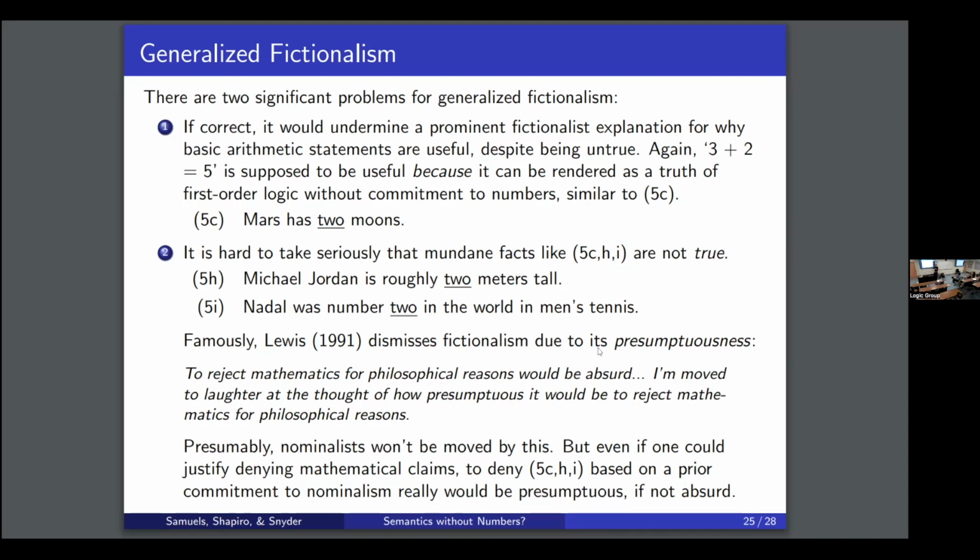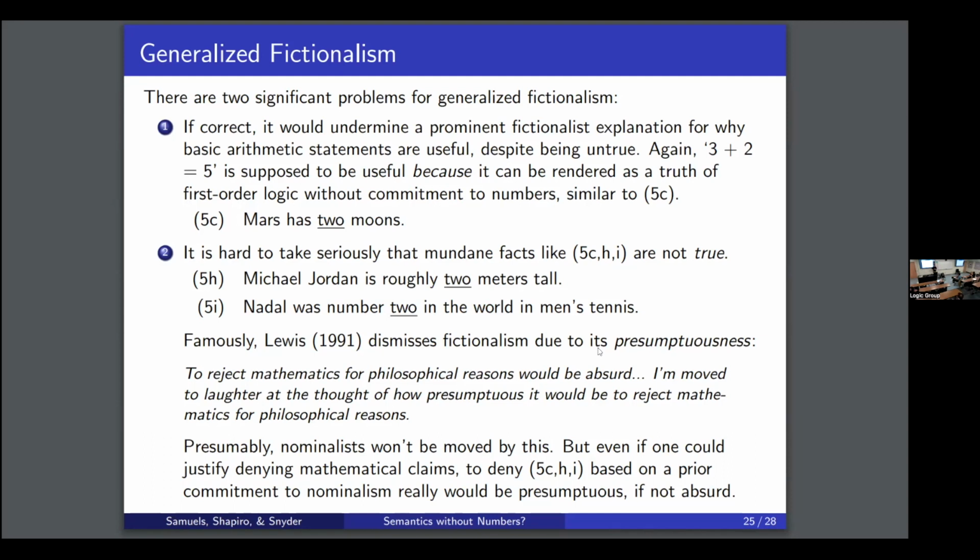Now, obviously, if you're a fictionalist, you're not going to be moved by that consideration. You're going to say, yeah, well, look, my trust in anomalous epistemology is far greater than my trust in mathematical statements. So you're not going to be moved by what David Lewis says here. But there is sort of an analogous move to be made in light of what we've been saying, right?